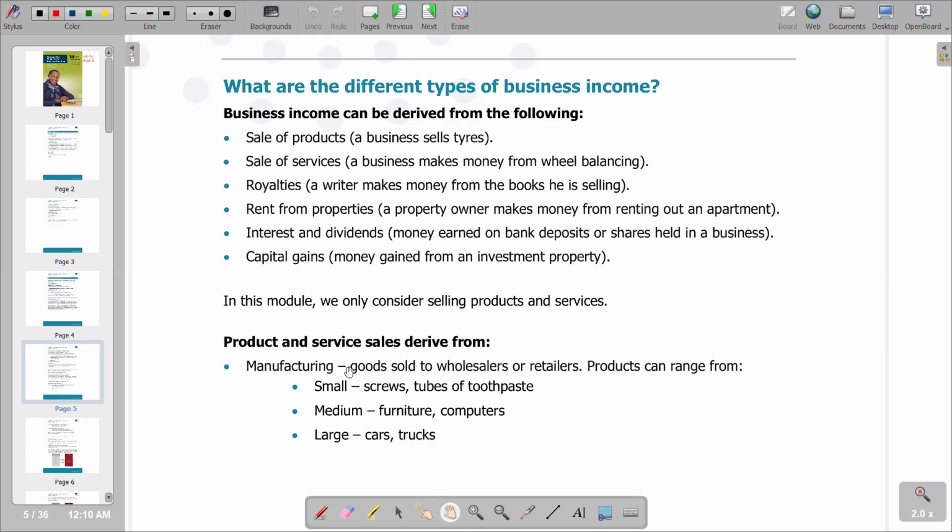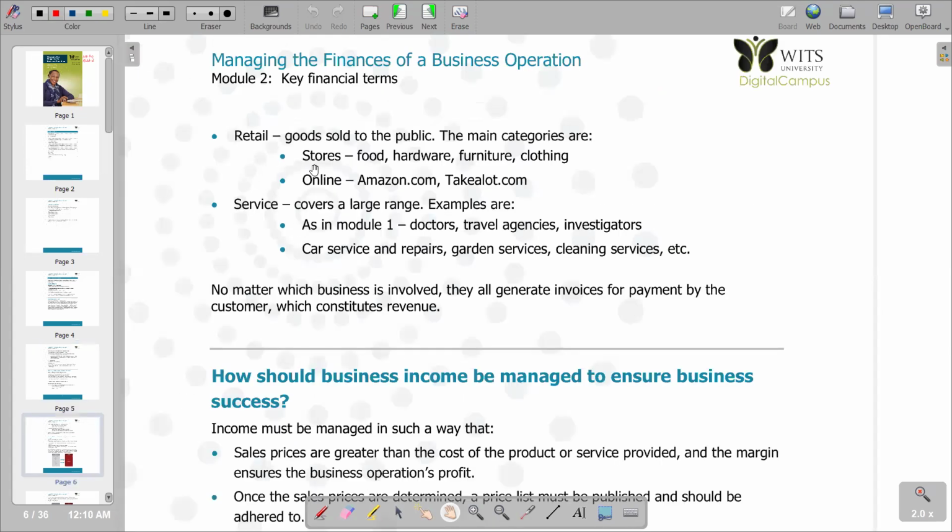We see that it's further subdivided into small, medium, and large. If you move forward, we also have retail, which describes our retail outlets, which we can also subdivide into stores and online. And we're given examples. Then we have a service business, which covers a large range.